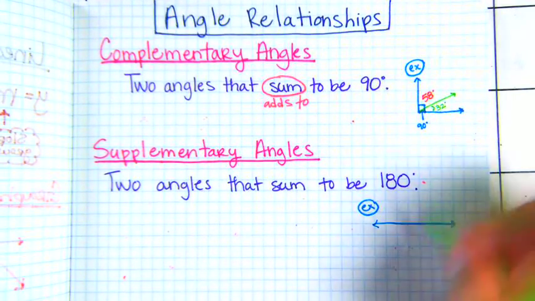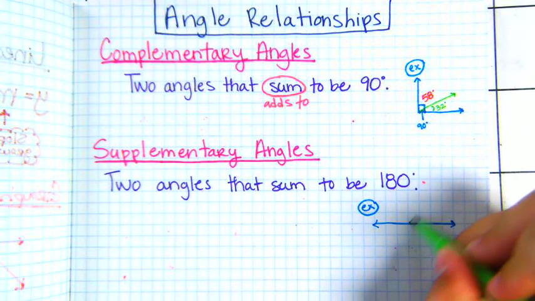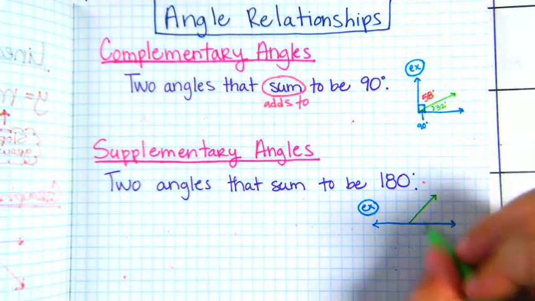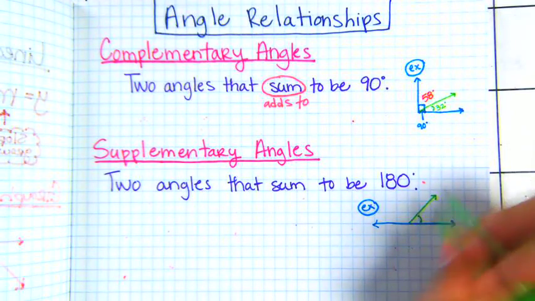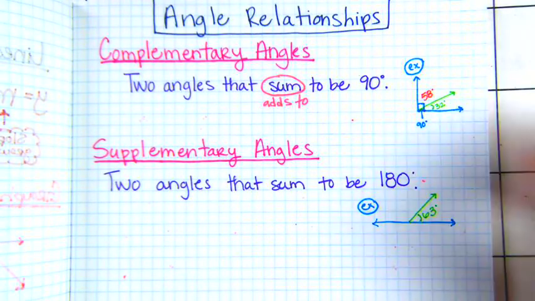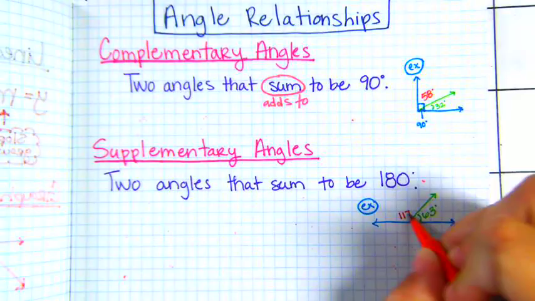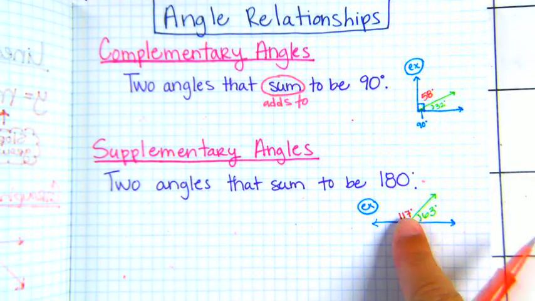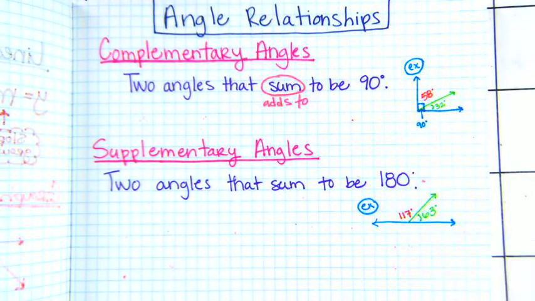And then let's say that I split it like that, where I know that this angle is 63 degrees. And you would need to find the remaining part of the angle. So I want you to make a guess right now. What do you think that remaining part is going to be? That remaining part is going to be 117 degrees, because 117 plus 63 gives us that 180.